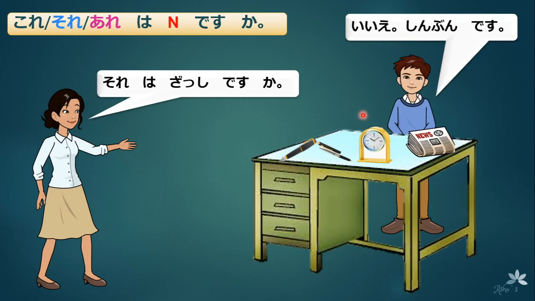Next, the person is asking about this object here. So she asks, Sore wa zasshi desu ka? Is that a magazine? So the boy replies, Iie shimbun desu.